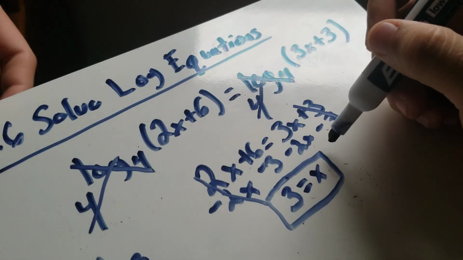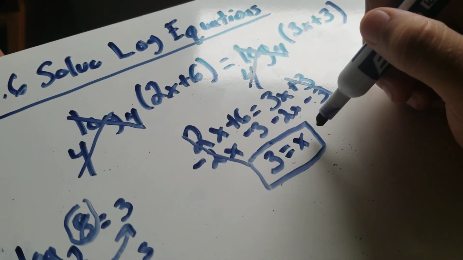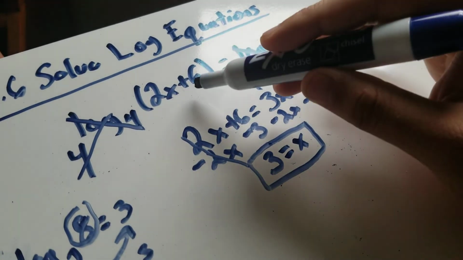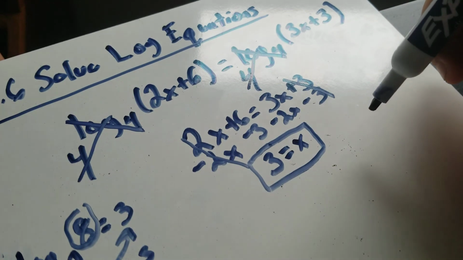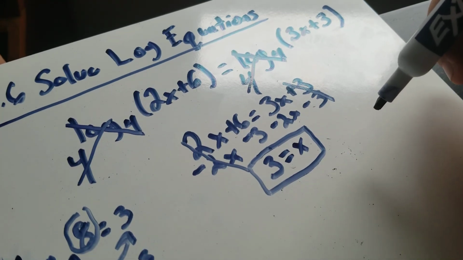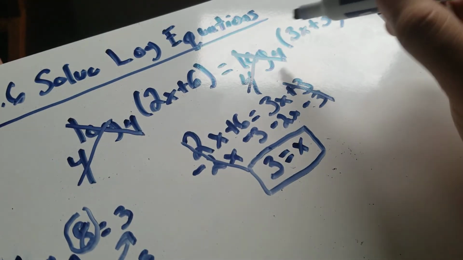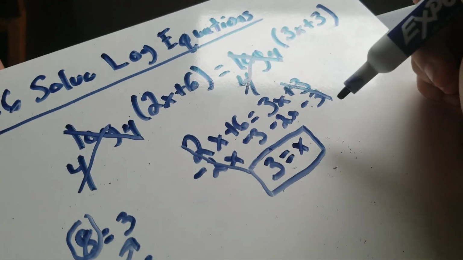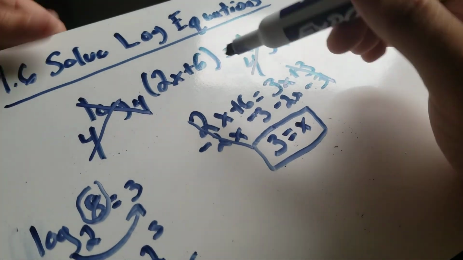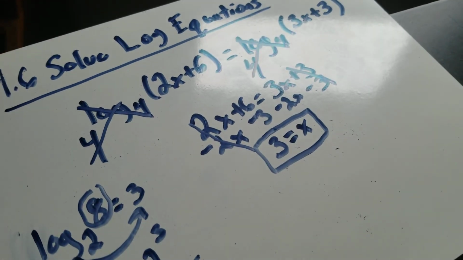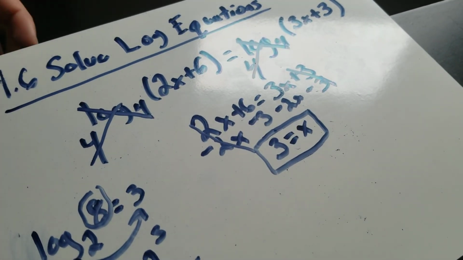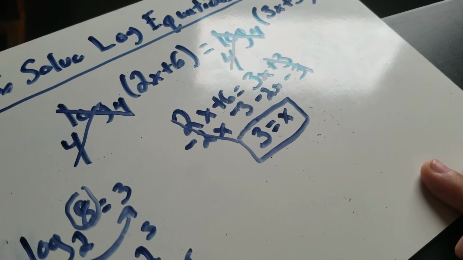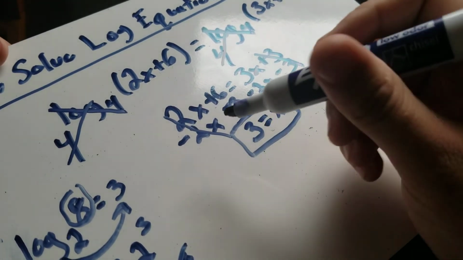Well, before we could say 3 is an answer, we're going to have to plug it into both of these sides and see if they become a negative. Actually, I'm sorry, you only have to plug it into one of them. You're going to choose either one to see if it becomes a negative. If inside the parentheses, when you plug in your x, it becomes a negative, it is called an extraneous solution, and thus is impossible. So let's try it.